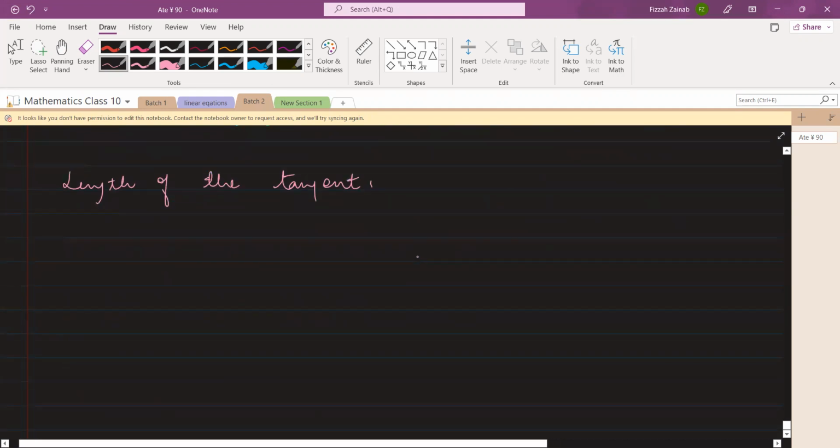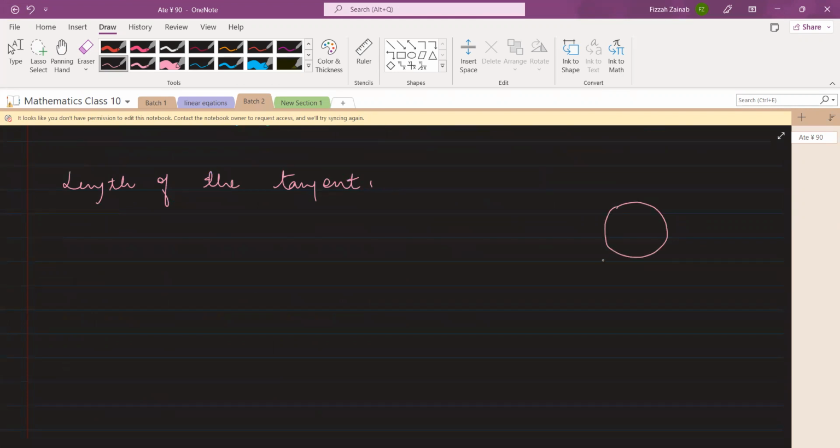See how to measure the length of a tangent. Obviously, if you look at this figure and there's a tangent, and we draw it like this, that means this line is going up to infinity on both sides. It's a line. So how will you measure its length? We don't measure the length of this whole line.